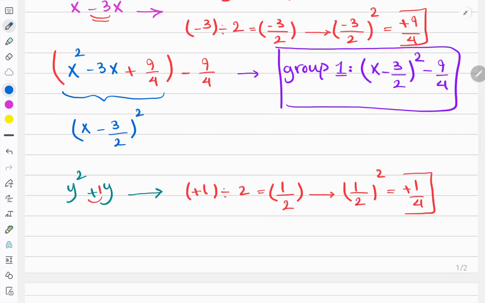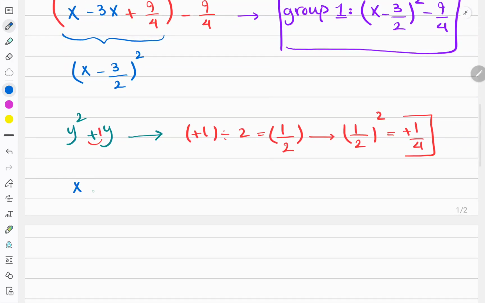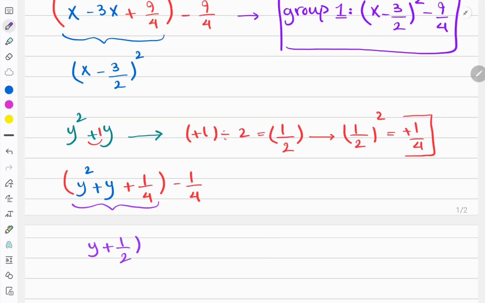So y squared plus y plus 1/4 minus 1/4. And this expression inside the parentheses is the definition of (y plus 1/2) squared, which is a perfect square.